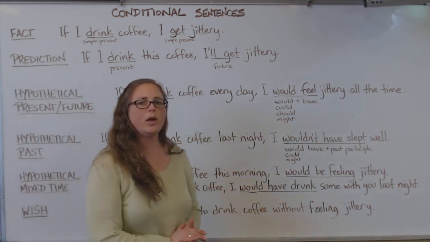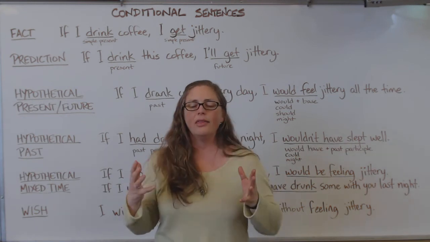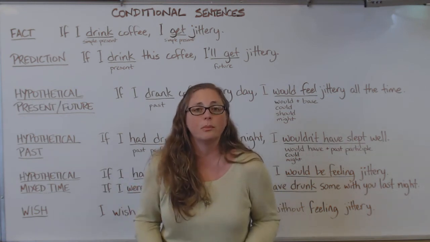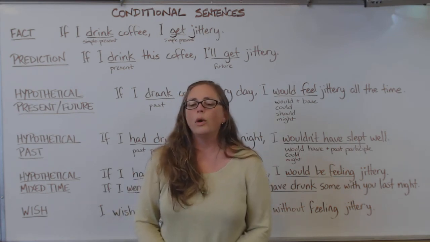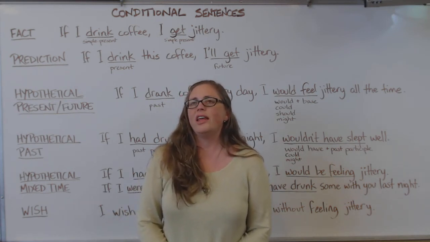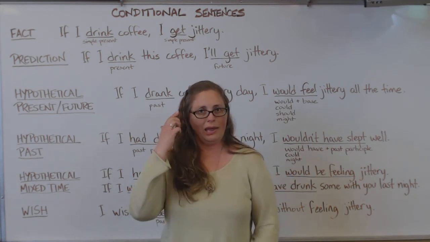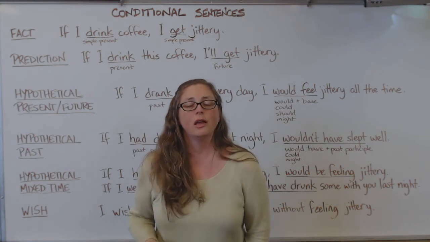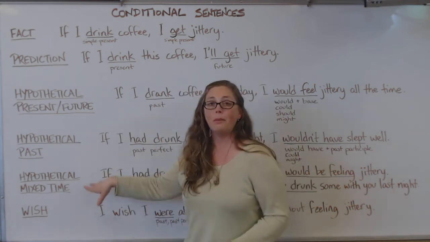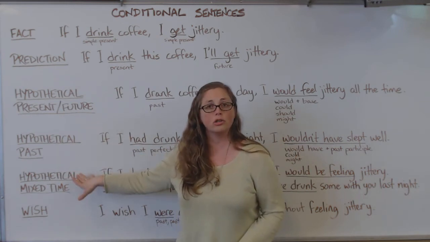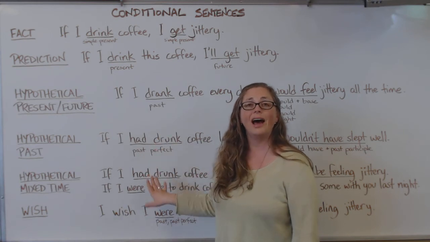Finally, wish. When you're talking about a wish, this is different than a hope. A hope is something that you want that is possible. It may come true. A wish is something you want that is not possible. It's, again, only imagined. Because it's only imagined, we need to use hypothetical structure. We use the condition clause idea.